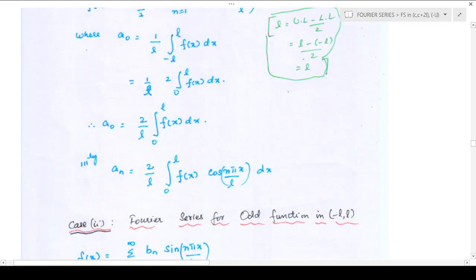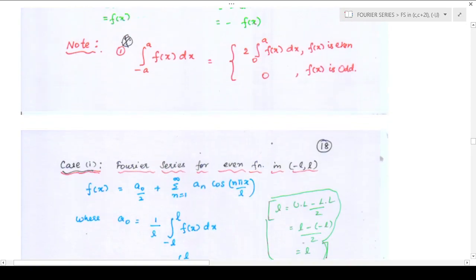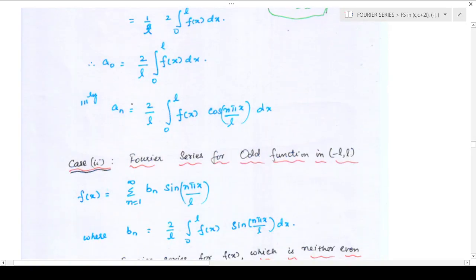Similarly, your an is 2 by L, integral 0 to L f of x cos n pi x by L into dx, children. If it is bn, why is it 0? It is f of x into sine, which means odd into even. It is odd. By this property it is 0.